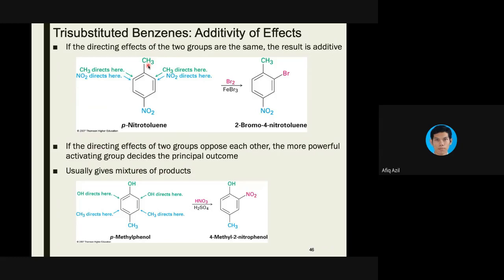But now if you have two different substituents together, which direction do you want to substitute the new substituent? Here it says that if the directing effects of the two groups are the same, then the result is additive. What does it mean? Let's take a look. Here we have alkyl group and also nitro.